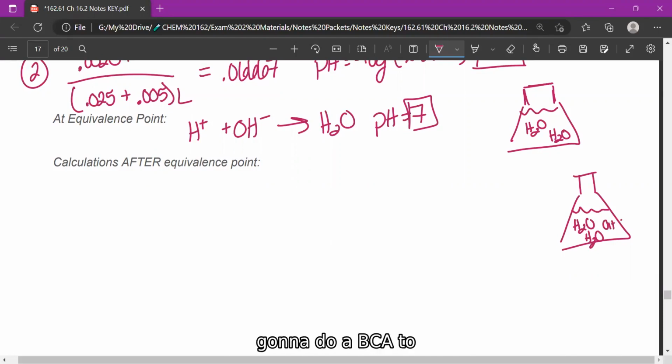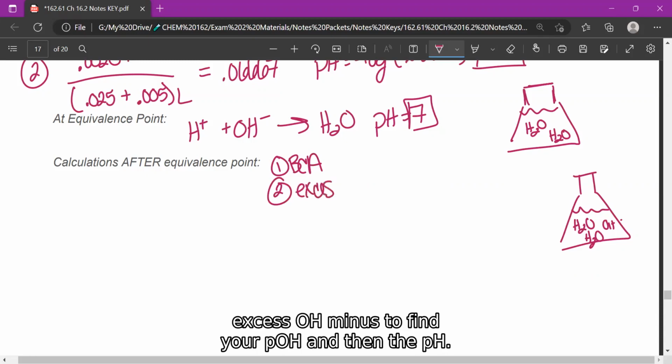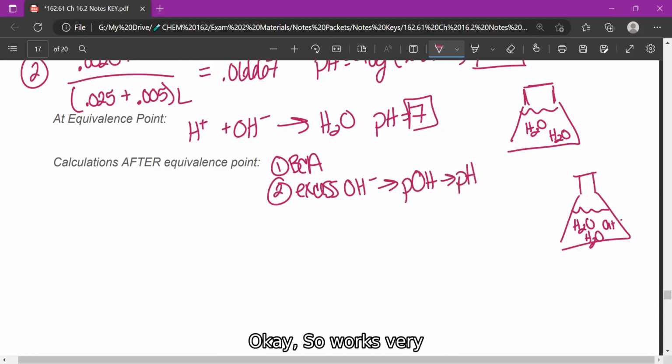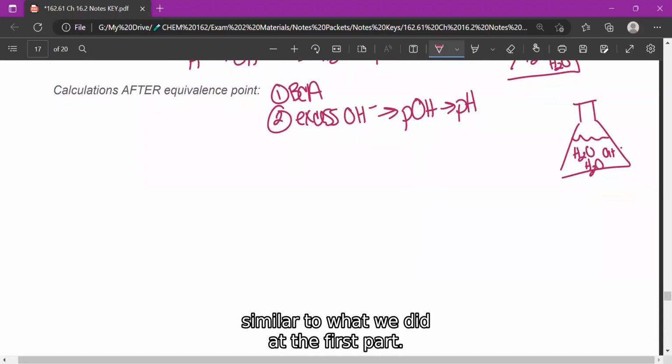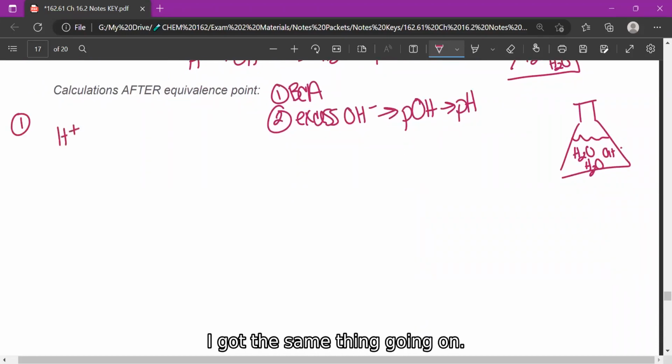You're going to do a BCA to figure out how much hydroxide is left. And then you'll use that excess hydroxide, excess OH minus, to find your pOH and then the pH. Okay, so it works very similar to what we did at the first part. I'm using the same equation. I got the same thing going on. H plus OH minus makes water.